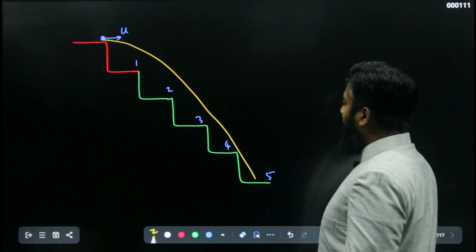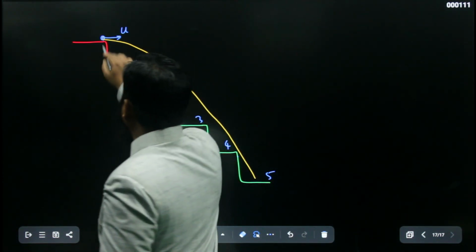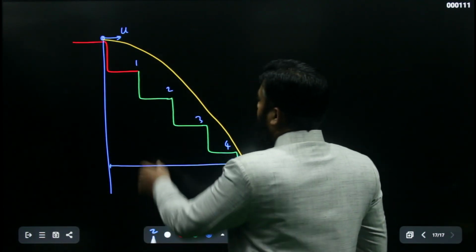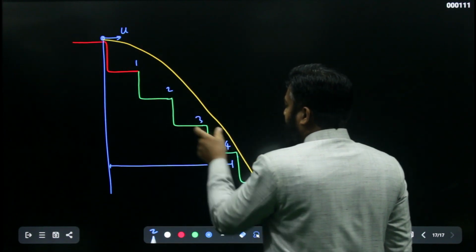Okay, so if we look carefully, what is the distance traveled by the ball in the horizontal direction? This is the length of the 4th steps, the horizontal lengths, 1, 2, 3 and 4.